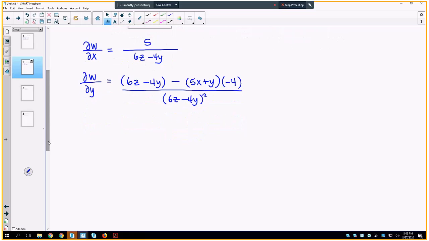So let's clean that up a little bit. That should be 6z on top. I have minus 4y from the first term, and it looks like plus 4y in the second one, so that will cancel. And then I have minus 5x. So 6z minus 5x.